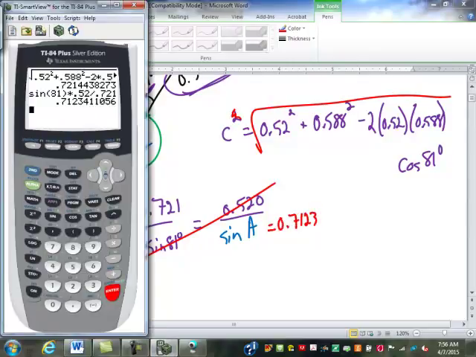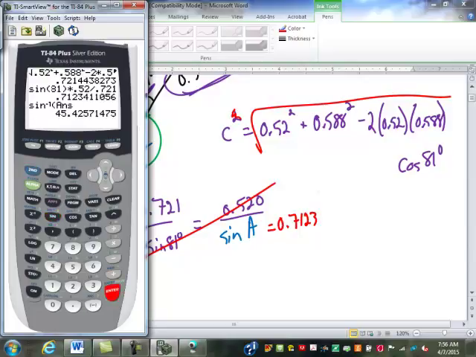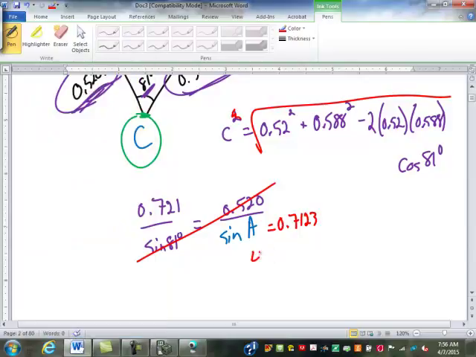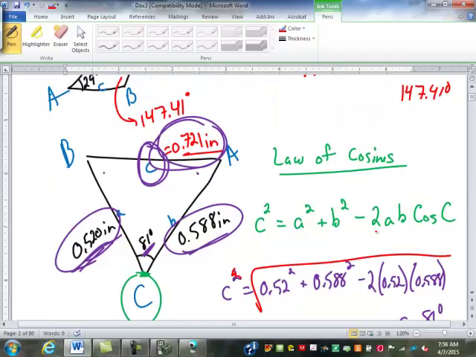Do the inverse sine, second answer. 45.43 degrees. And then this one we'll find by just subtracting from 180, which I'm not going to bother with right now. It's like 53.57 or something like that.